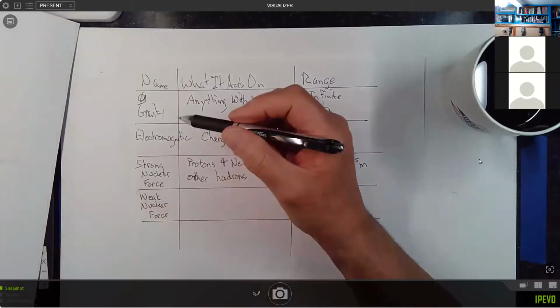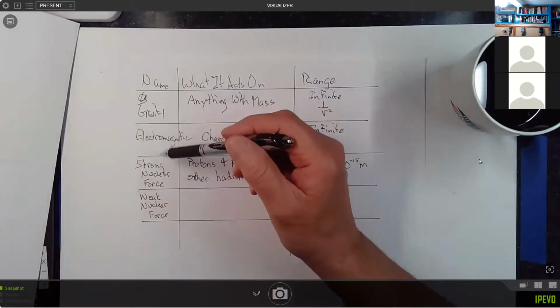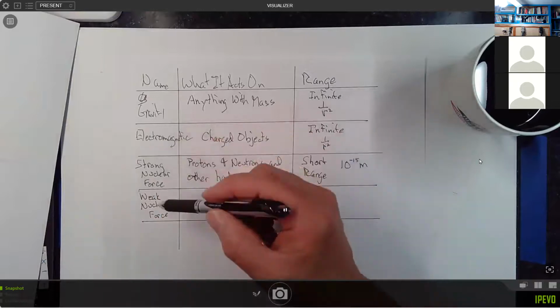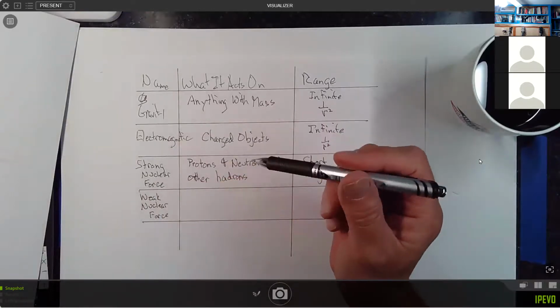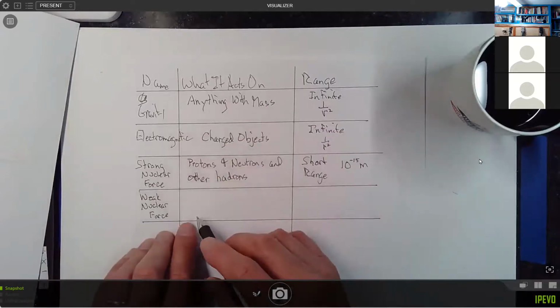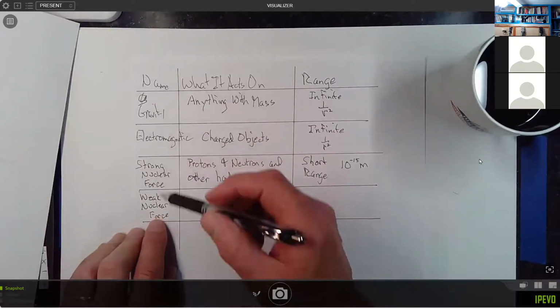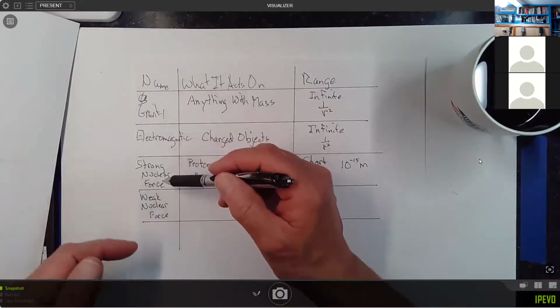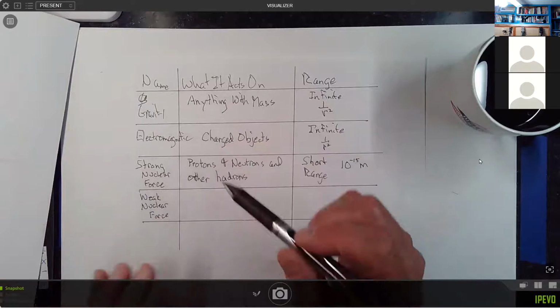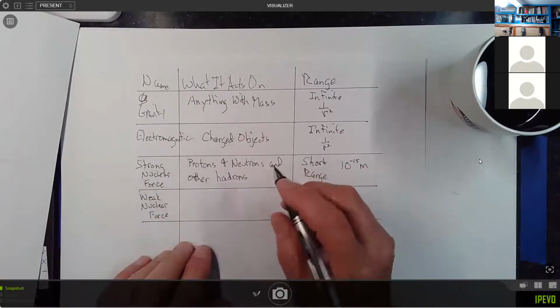By the way, sometimes you'll just hear the strong nuclear force referred to as the strong force and the weak nuclear force referred to as the weak force. That's just short for that, because there isn't any other force called the strong force, and there isn't any other force called the weak force. So sometimes we leave out the nuclear there.